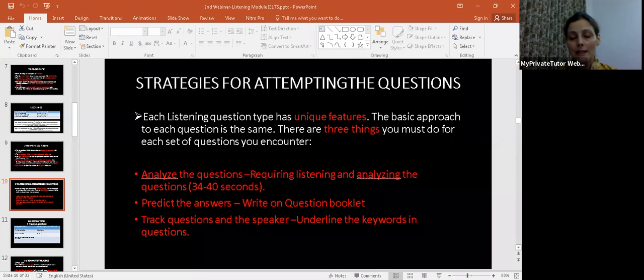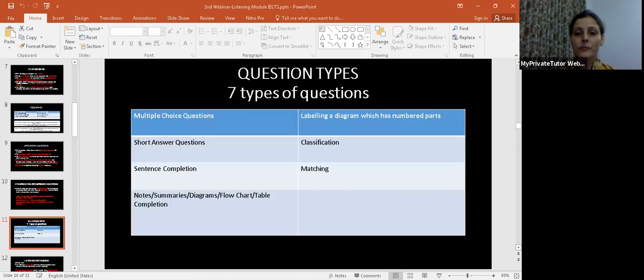At that time, you're going to underline the keywords and main focus points, what the question is asking you to answer. The keywords or phrases are highlighted at this time.